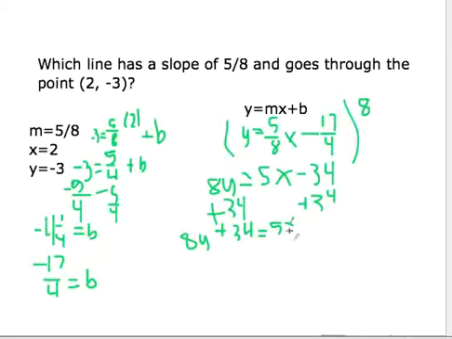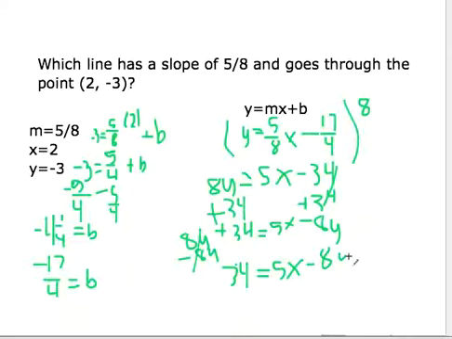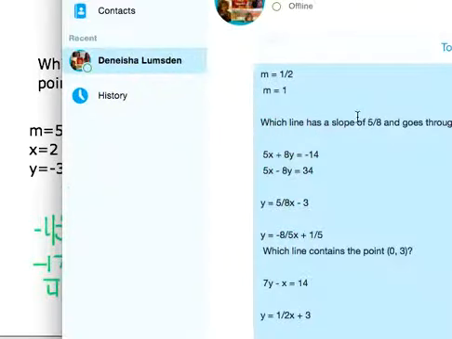Now I want my x and y on the same side, so I'm going to subtract 8y, and those will cancel. So I end up with 34 equals 5x minus 8y, which is the exact same, it's just flipped.